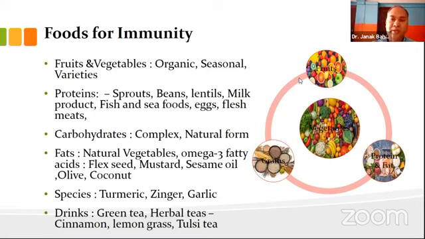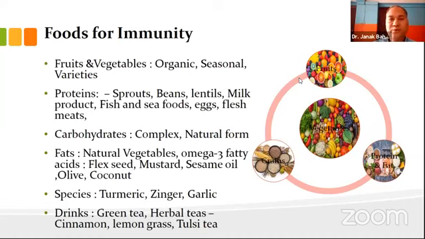But my concern is about the source of vegetables and fruits, whether they are natural or organic or not, because most of the vegetables and fruits we get in the market are loaded with toxins, that is, pesticides. That is a great threat to our health and immune function also.